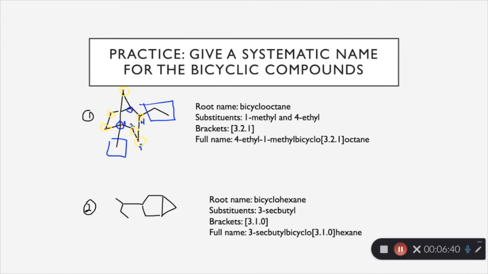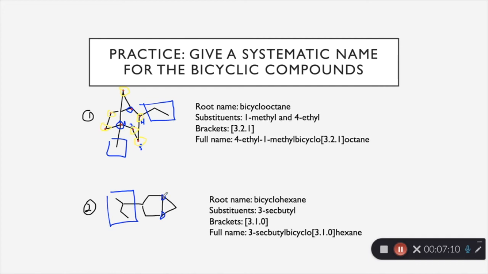So let me go back to blue here. All right, so start at the bridgehead. So we have to start either here or here, because that's where the 2 rings come together. So we have a substituent over here, and this is going to be a sec-butyl. That's one of those common names that you should memorize.